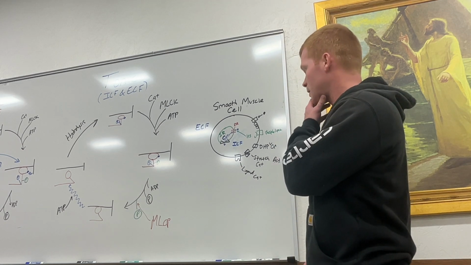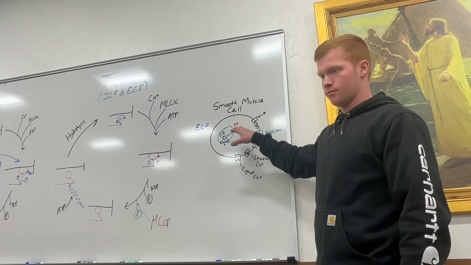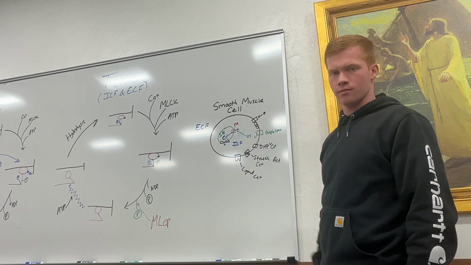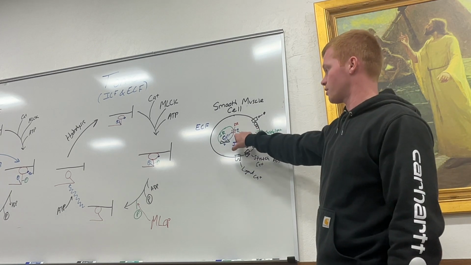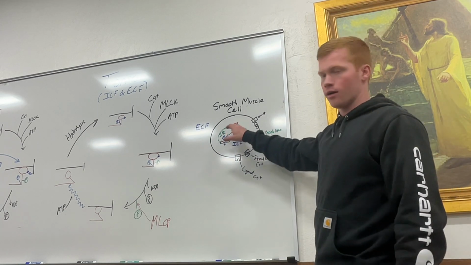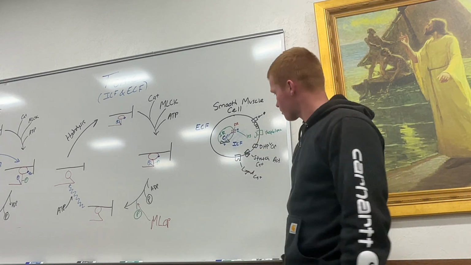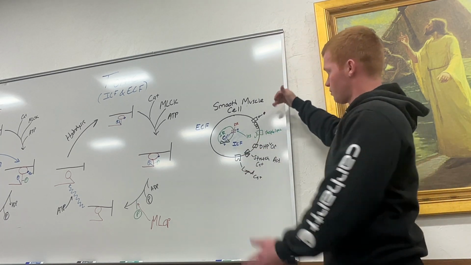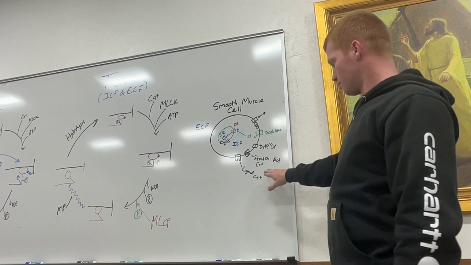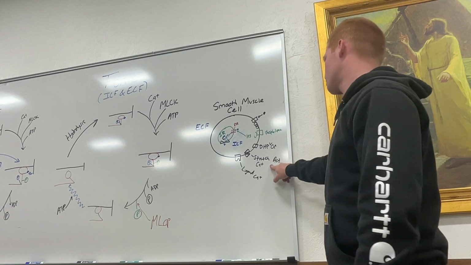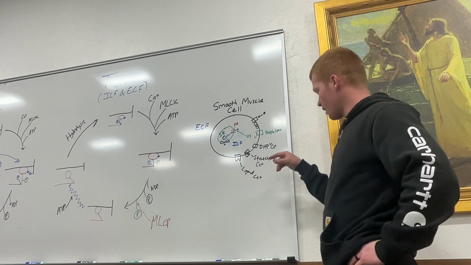Another thing is that skeletal muscle gets all of its calcium from the SR, whereas smooth muscle can call upon calcium from the SR and also from the ECF to bring it into the ICF. There are ligand calcium channels and stretch-activated calcium channels.